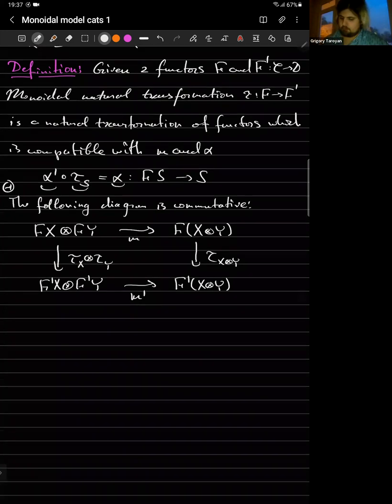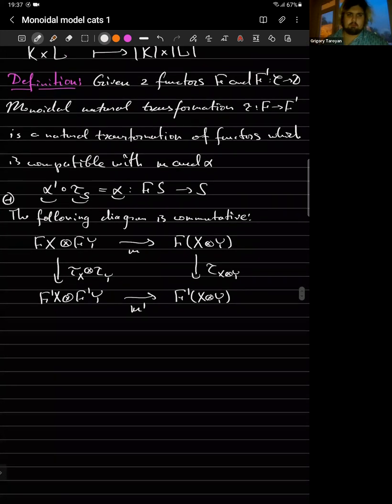Okay, so that's the definition of monoidal natural transformation.